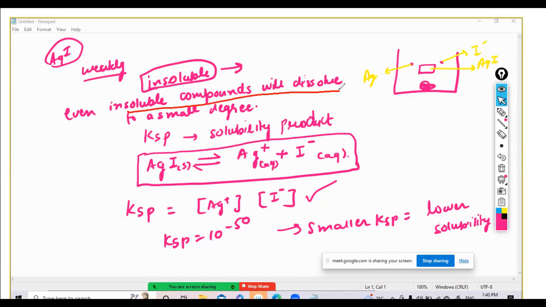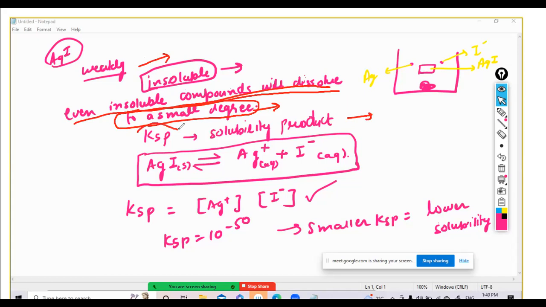So even insoluble compounds will dissolve to a small degree. There will be some degree to which even insoluble salts will be found in the dissociated form, even if that amount is very little.